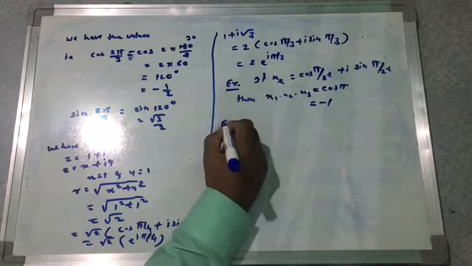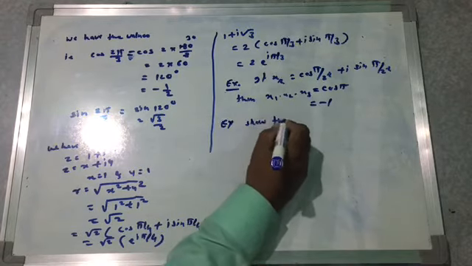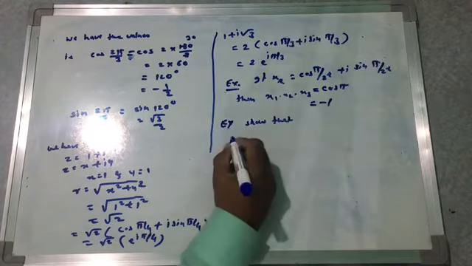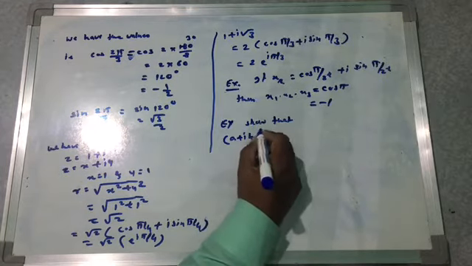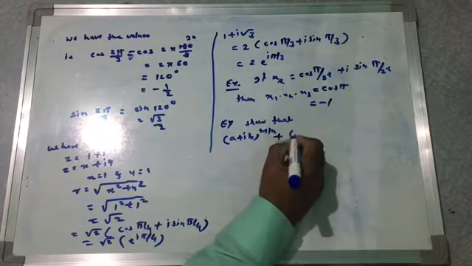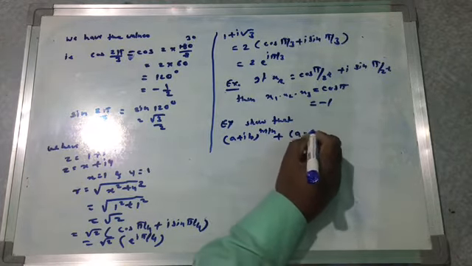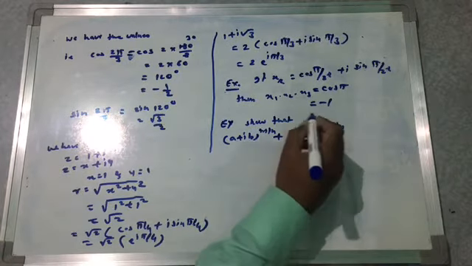Example: show that (a plus ib) to the power m upon n plus (a minus ib) to the power m by n.